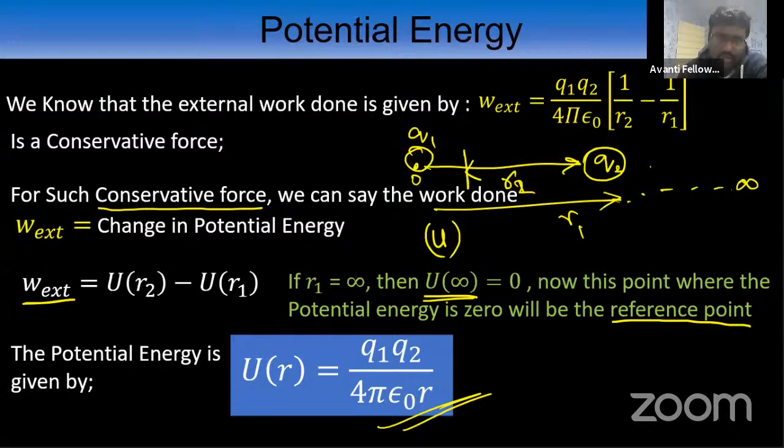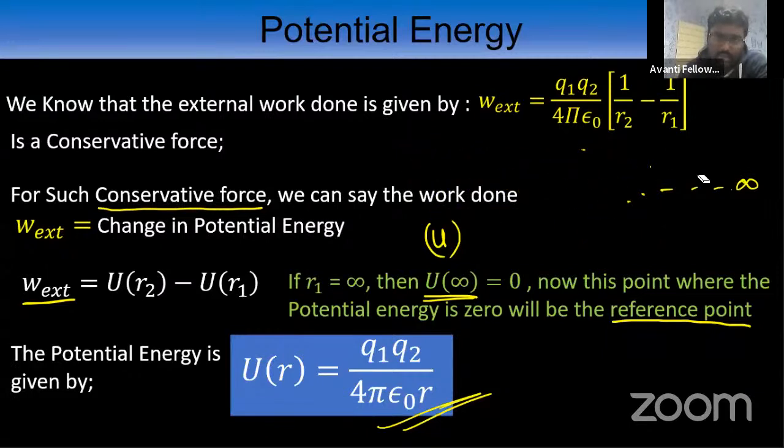The net amount of work done in moving this Q2 to this position will be nothing but the change in its potential energy at those two points R1 and R2. Okay, that's what I meant. Hope this is understood, guys. Yes, everyone replied with yes. Cool.